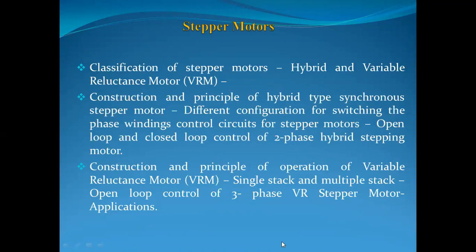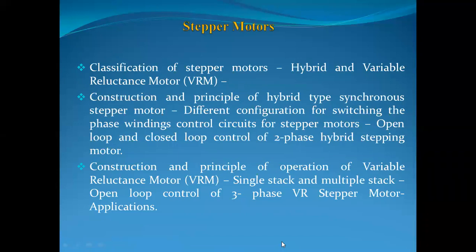Here, the system requires a 24 volt DC supply, and 24 volt motors also exist, which is one type of stepper motor. There are also motors operating at higher voltage ratings in industrial areas.